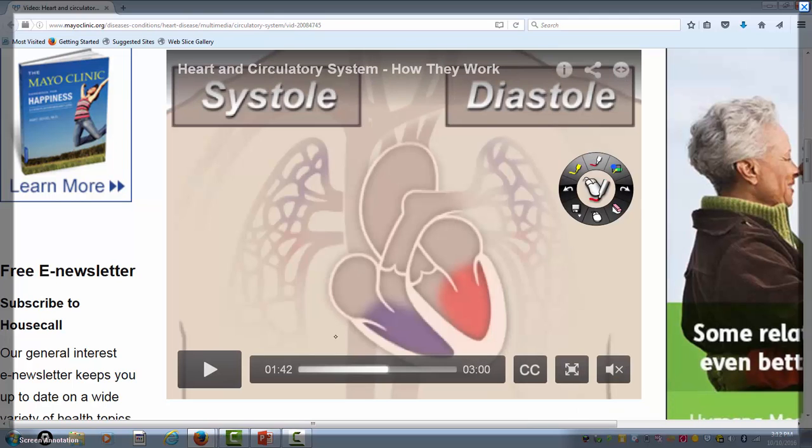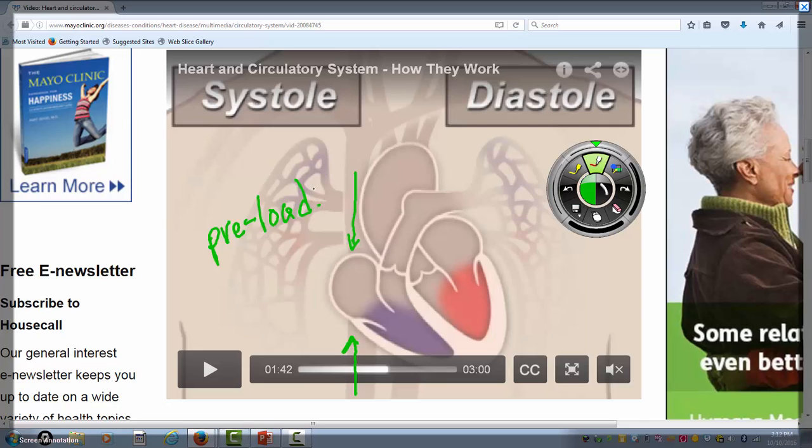Remember that the amount of blood that's pumped by the right side of the heart is determined by the amount of venous blood that's returned to it. That's called preload. We also learned that both the right and left side of the heart pump exactly the same amount of blood.